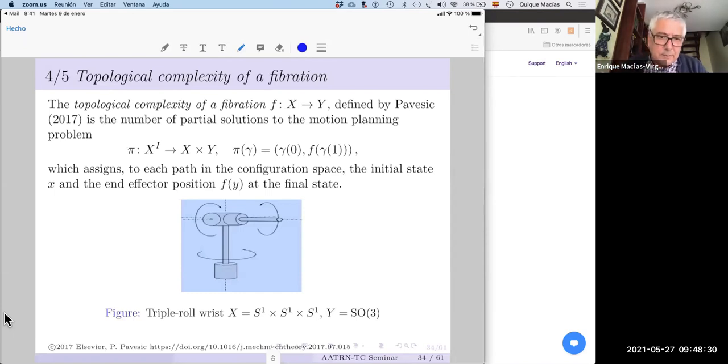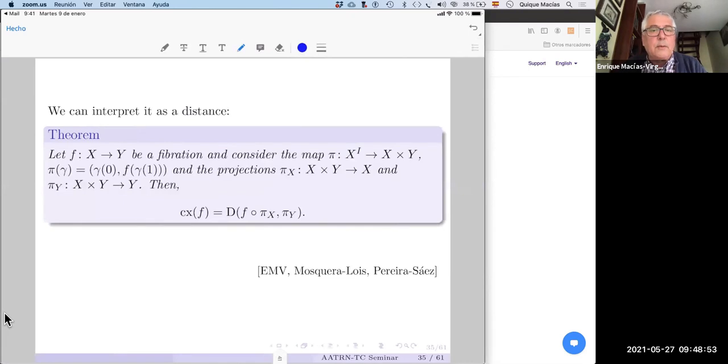This is a figure taken from the paper by Pavesic, where you see what is called a triple roll wrist, and the configuration space is the torus T^3, and the space Y is rotations. And our result is that if you consider this fibration invariant, the complexity of F equals the distance between the first projection on X composed with F, and the second projection.